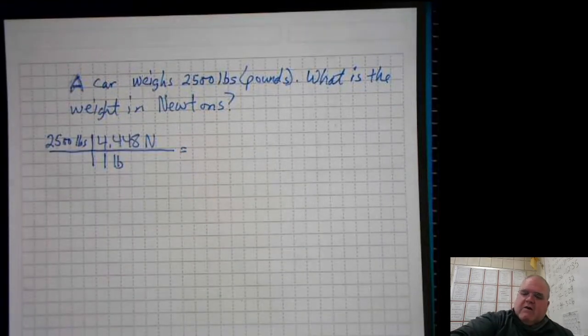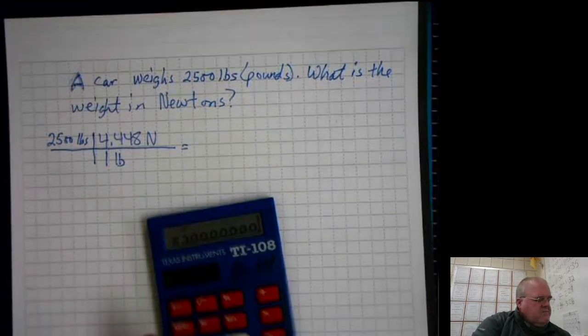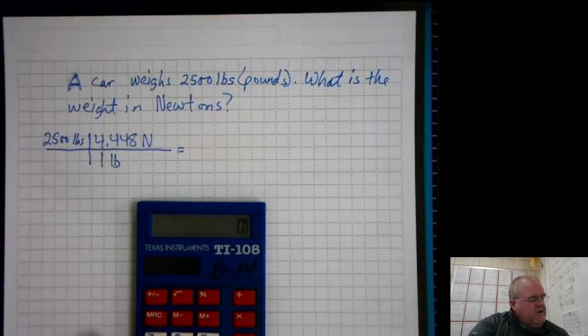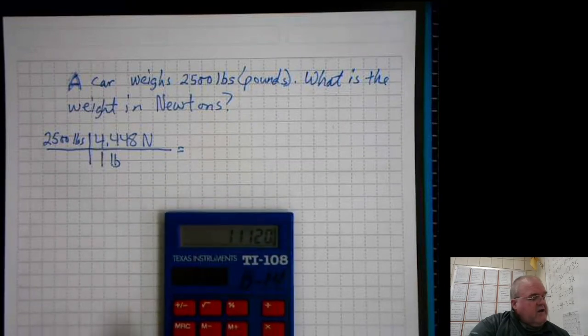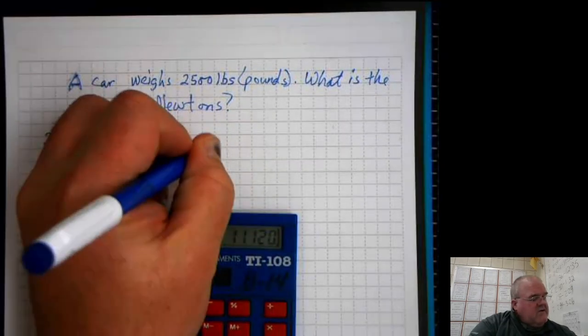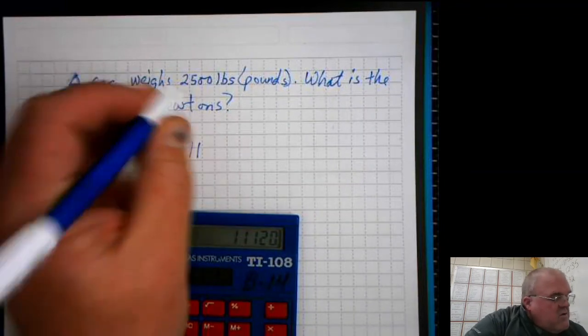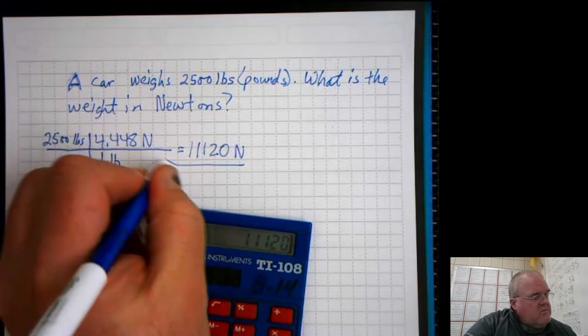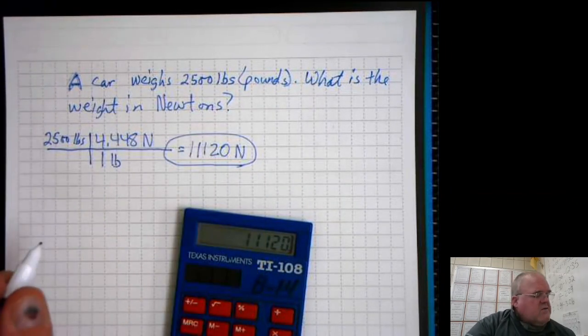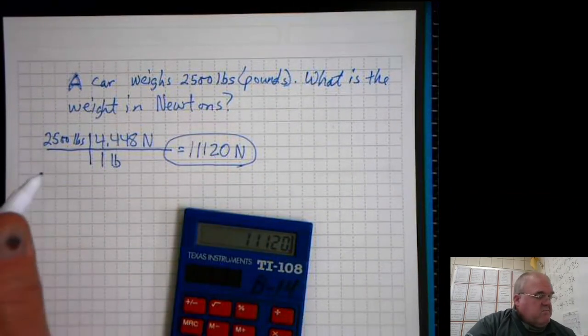So then I take my handy-dandy calculator, and I say 2,500 times 4.448, and that is 11,120 newtons. And then I circle my answer because that's my answer.